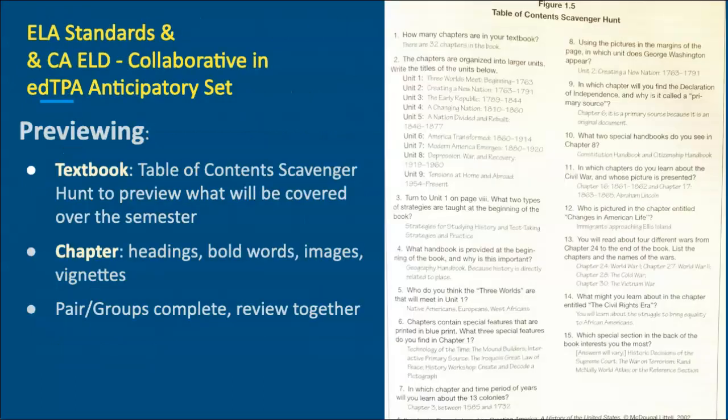So for example, if we were to preview a textbook, that will help us anticipate what is coming, what we're going to learn by reading the textbook. And if we were to preview a chapter, we would look at headings or bold words, images, vignettes of people, whatever is in the chapter that stands out.